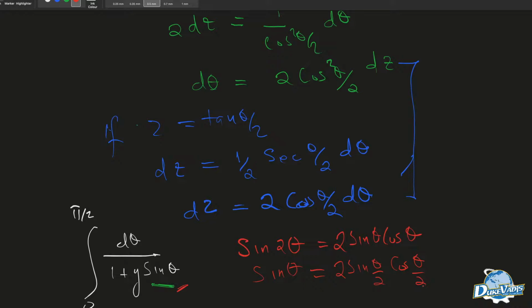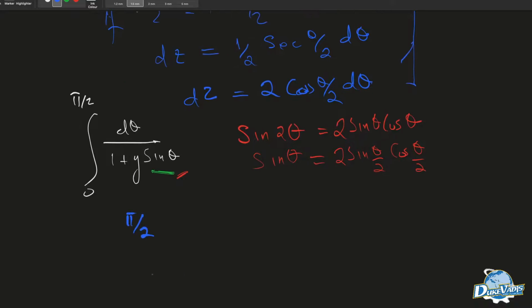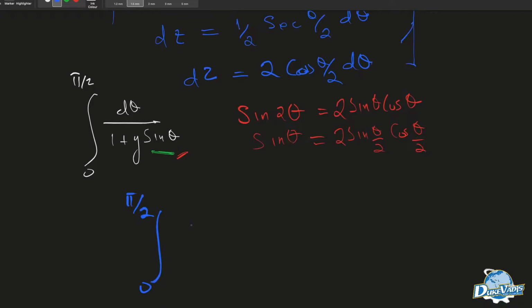Since we know everything, we don't want to jump steps. Let me use blue. I like blue, it's my color. So the integral from 0 to pi over 2, and as we look at it, it's looking so beautiful.